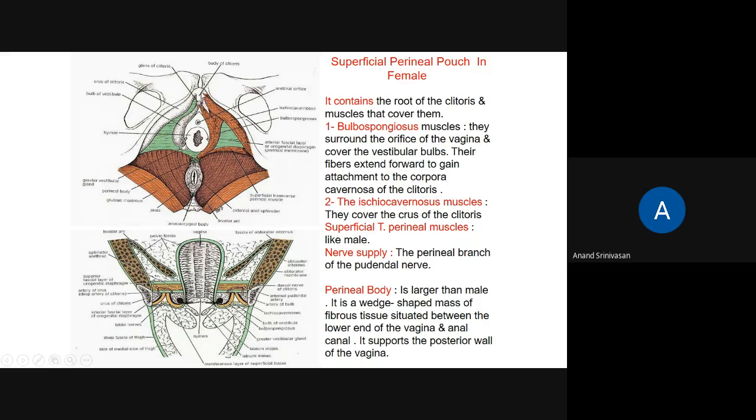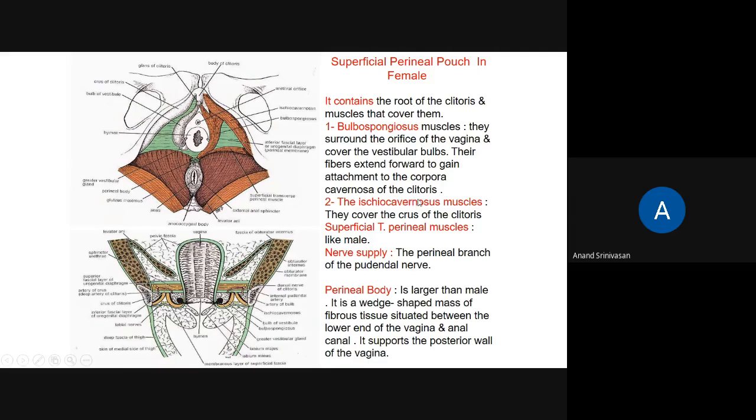It also contains corpus cavernosum, and there are two crura, the crura of the clitoris. This crus is also covered by a muscle, the ischiocavernosus, which helps in the erection of the clitoris as well, similar to males.